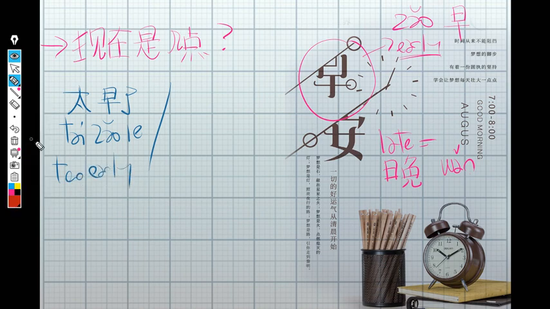What about if it's too late? Maybe it's too late for something, too late to the movies. So same thing. Tai 晚了，太晚了，太晚了。Oh, it is too late actually.